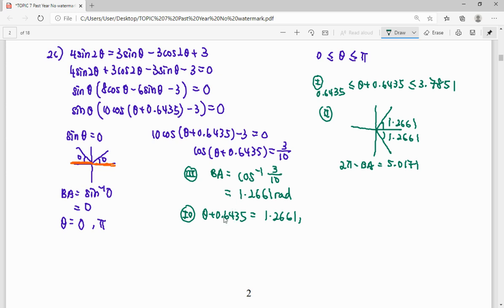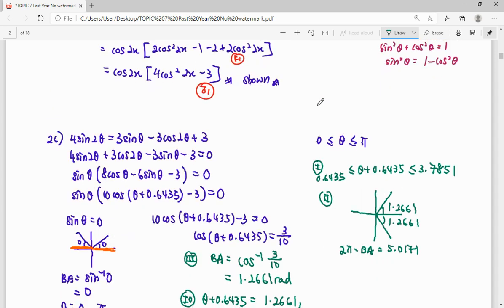The last step, we simplify. For this 1.2661, we minus 0.6435 when moved to the right hand side. Our final answer will be 0.6226.